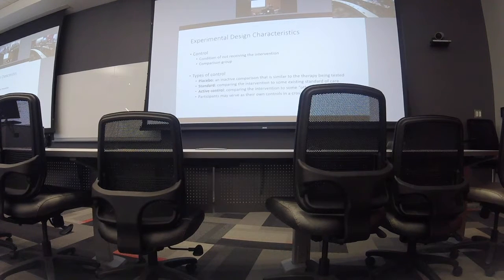And then you can do active controls, comparing the intervention to some other care. So an active control would be if you're doing an asthma study and you're looking at two new medications being brought to the market. You can do a comparison between study medication 1 and study medication 2. That is an active control.